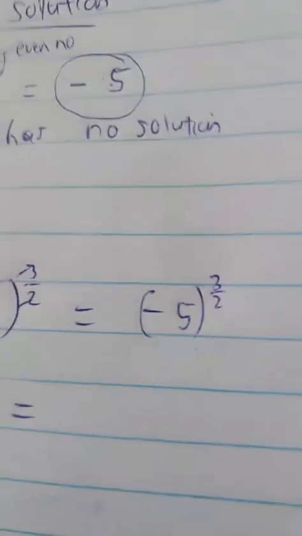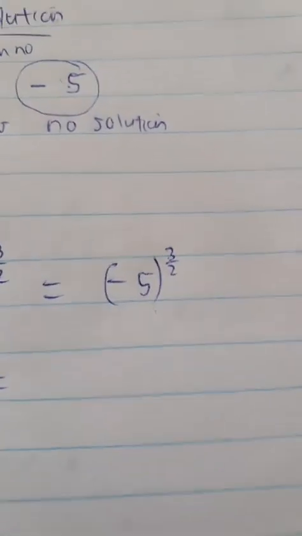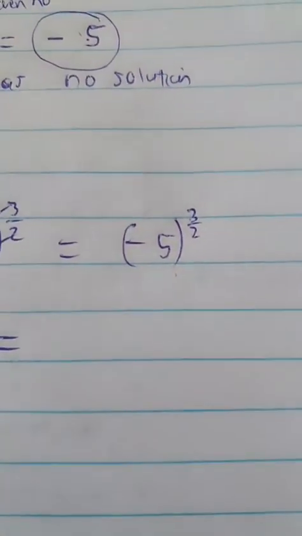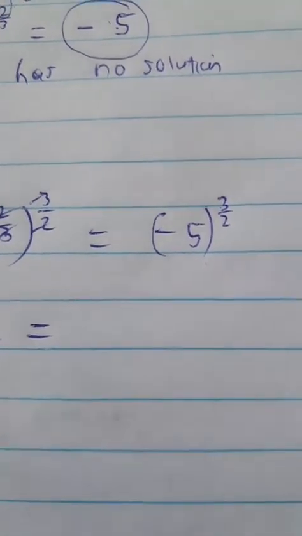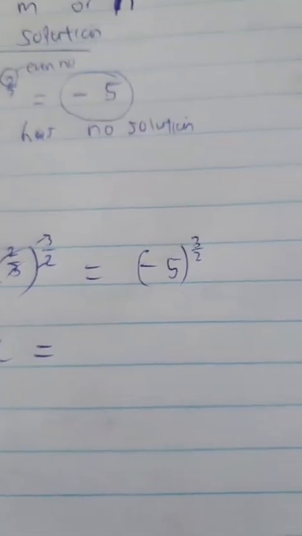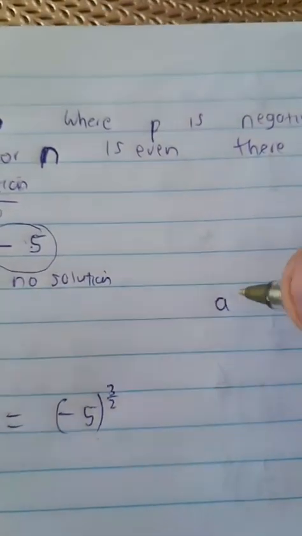I want to show you something quickly, and I want you guys to be mindful. In grade 8 and 9, you did non-real numbers. Do you remember what non-real numbers are? I just want you to take, without using your calculator, a to the power m over n. You can actually express this as a root. a to the power m over n can be written as the nth root of a to the power m.